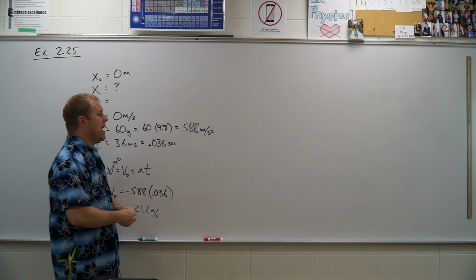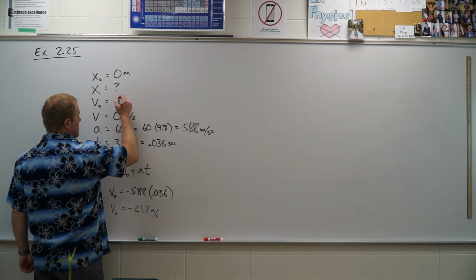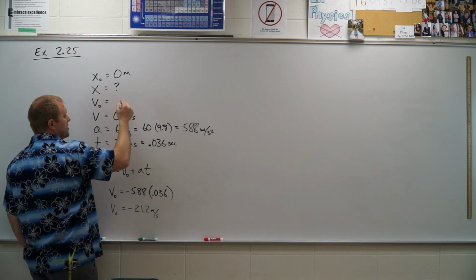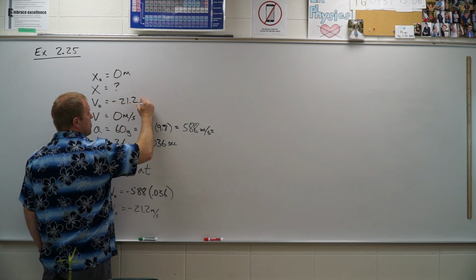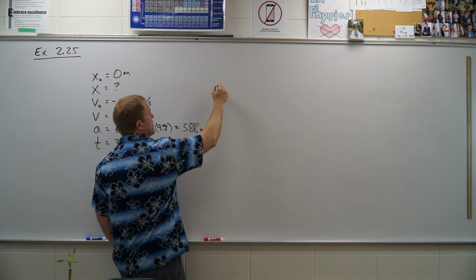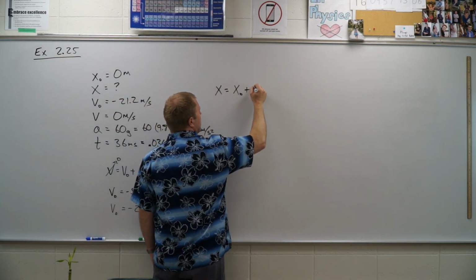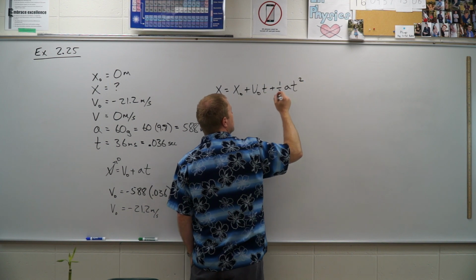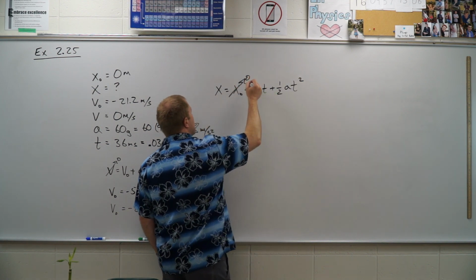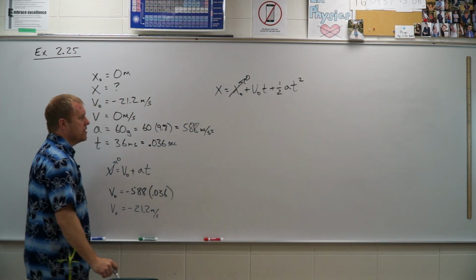All right, so now that I have that number, I can go ahead and use an equation to find x. I'm going to use equation number 3, I believe it is. So x equals x naught plus v naught t plus 1/2 at squared. I'm going to choose x naught to be 0 because they don't tell me where it starts.